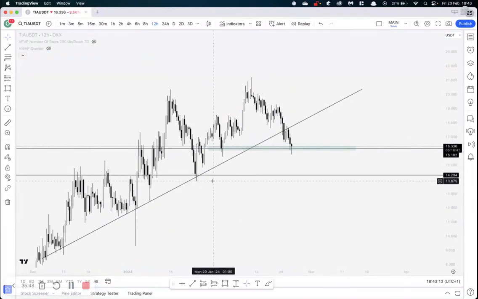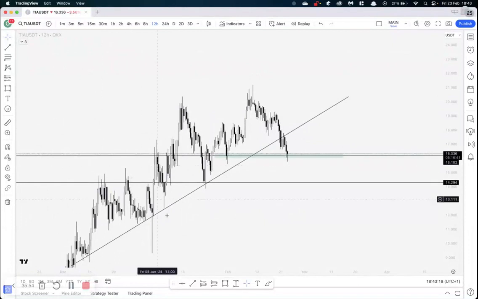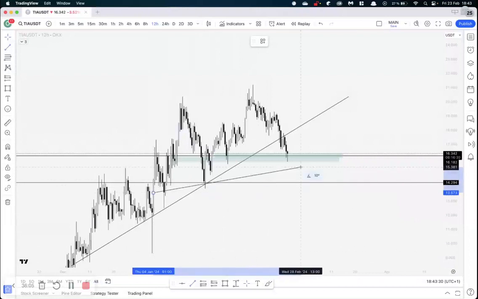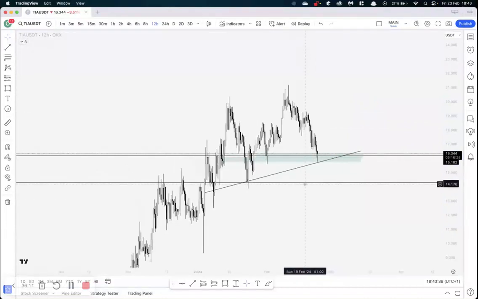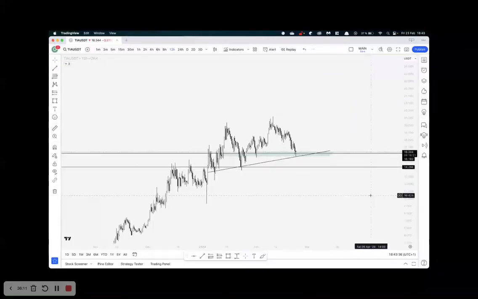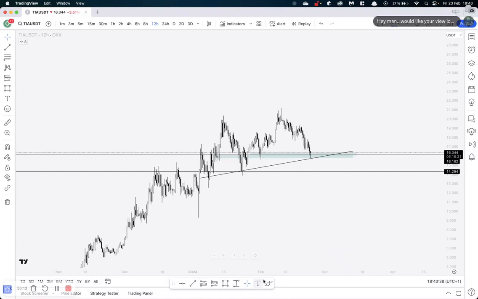Around that way as well. So TIA, you'd potentially look to long this. I am long on TIA, just so you know, off around this level here. We have a demand box, we have VWAP, we have support resistance. Only thing is we have broken the trend line, which is bad, but we still have this one which is intact. Trend lines are very, very mid, so I wouldn't base my entire trade off that. But something like this where you long off here, hoping for a market pullback, would be the idea.